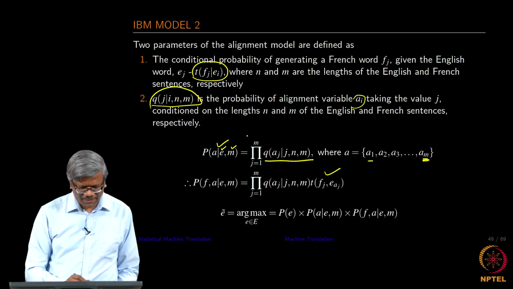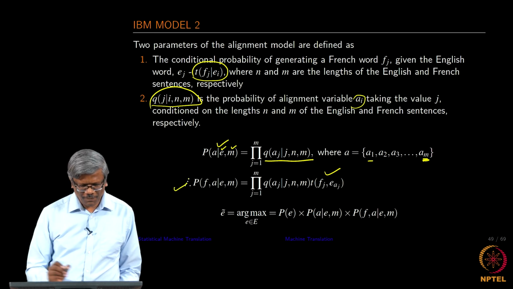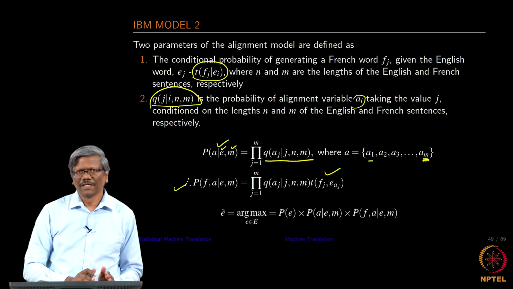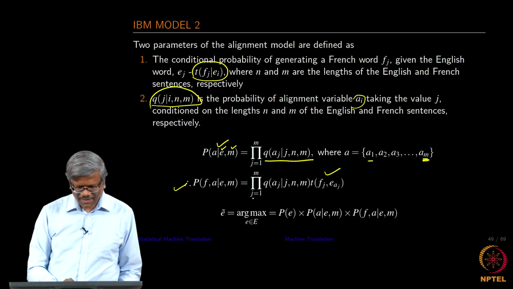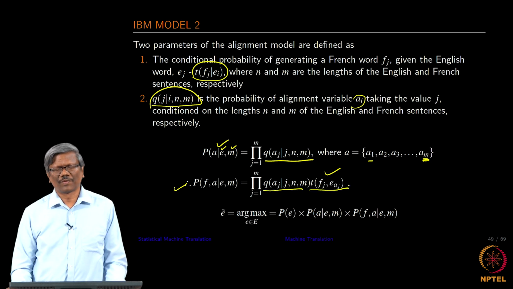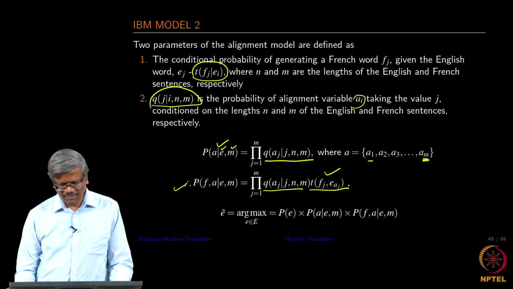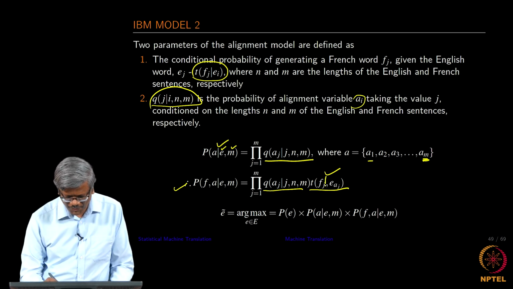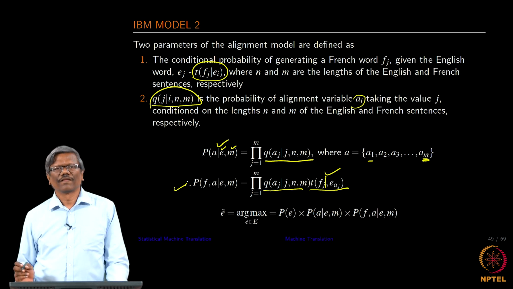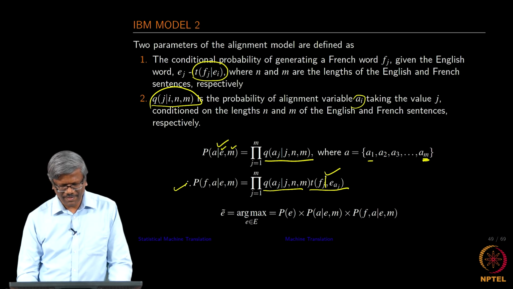So, how do you combine? When you combine those to find the translation probability which came out from the noisy channel model, it is nothing but the product of the distortion parameter and the translation probability of the French word given the English word at a_j.